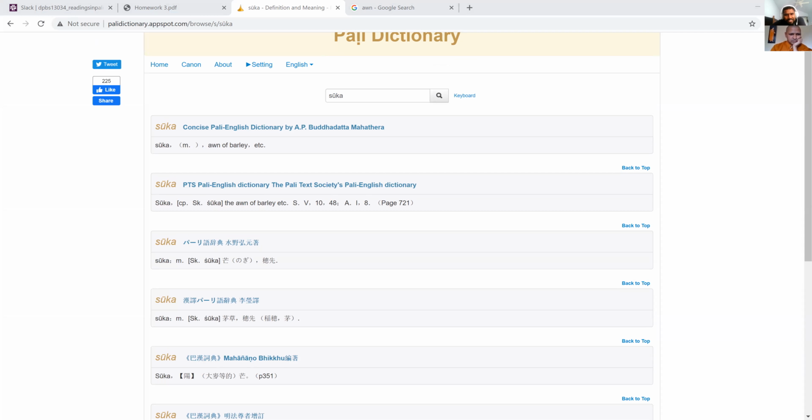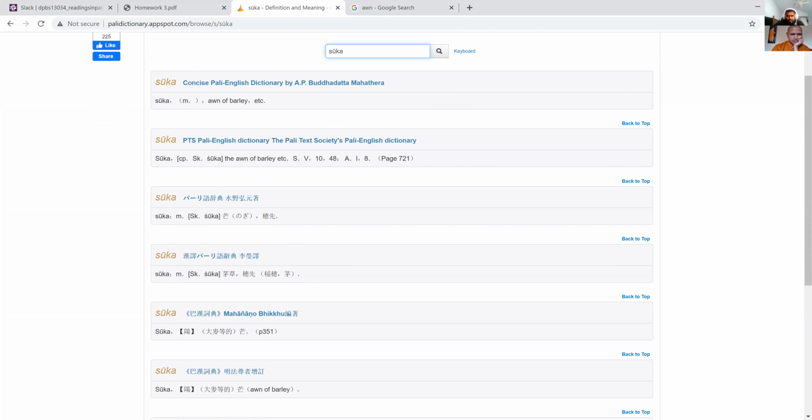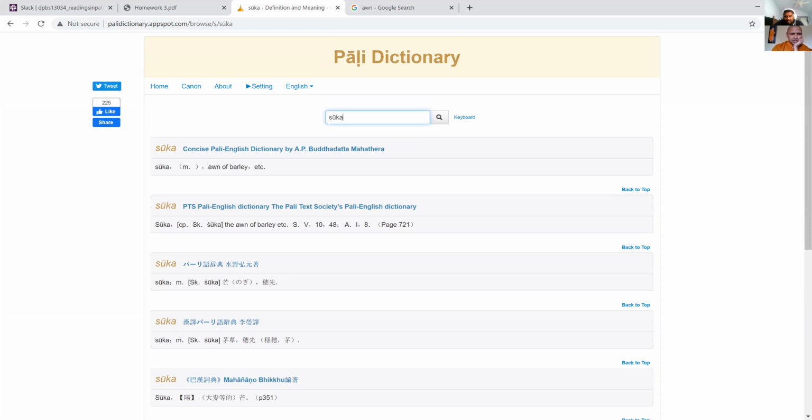So this dictionary is indexing the PTS dictionary. That's funny. Awn of Pali. I've got to see an awn of Pali. It's on Pali, I see.